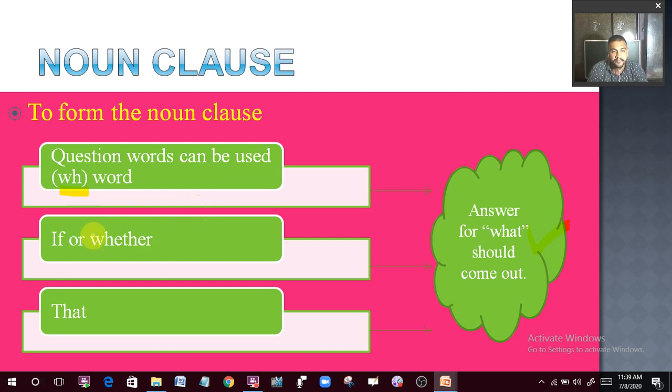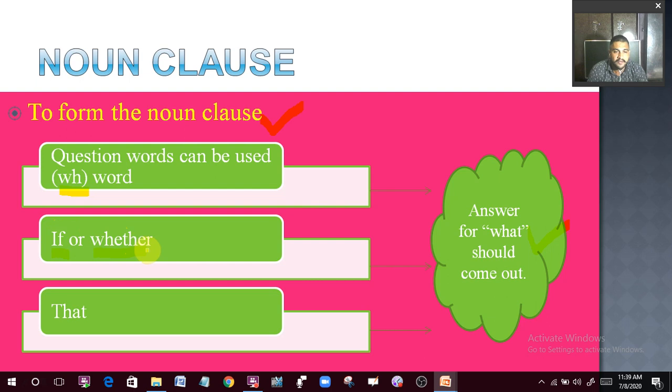Now the second sort of starting word, or the subordinating conjunction, can be if or whether to make a complex sentence with a noun clause. That means a noun clause can be formed with the word if or whether. If is generally used for conditional statements, but if or whether is used as a conjunction when we write indirect speech.